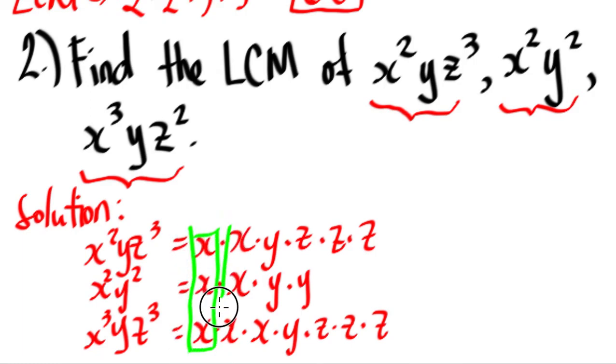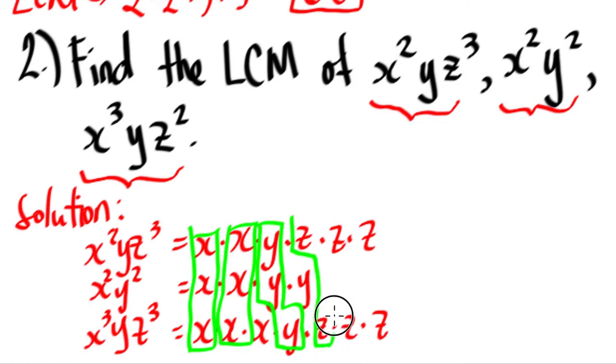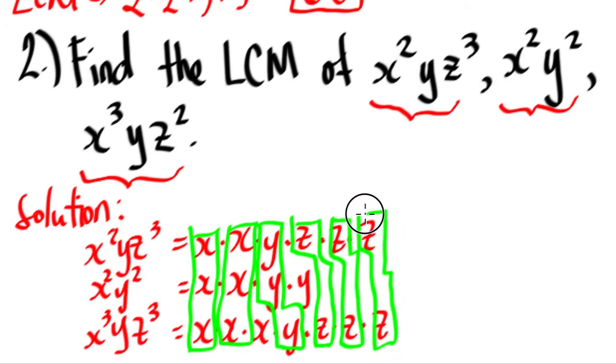We have the common x's. This one doesn't have any common x, so let it be. We have the common y's, only one common y, and we have the common z's.